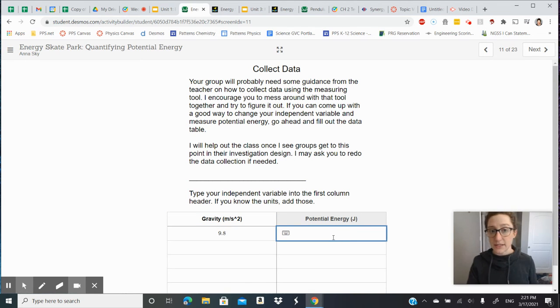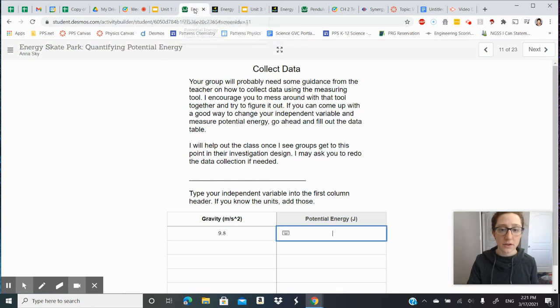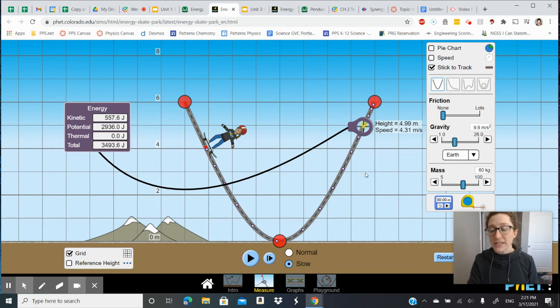Then I'm going to look back because I already forgot what the potential energy was at that point. Okay, my potential energy is 2,936.0 joules. I don't want to put the units in, just the number. There we go.